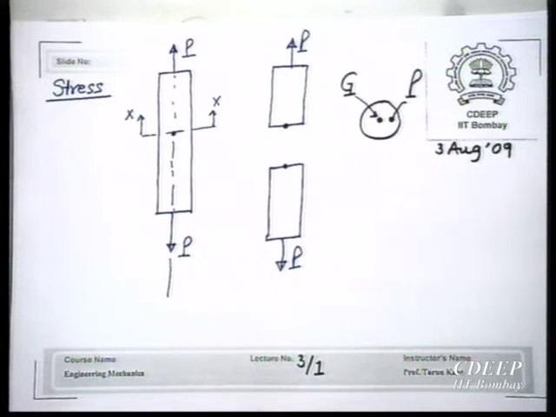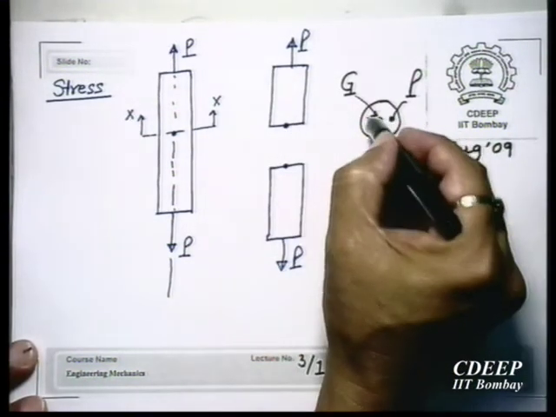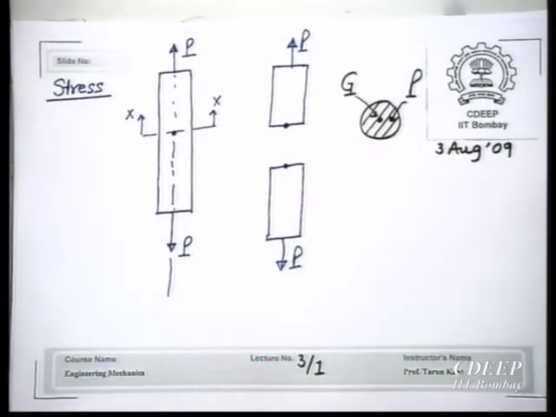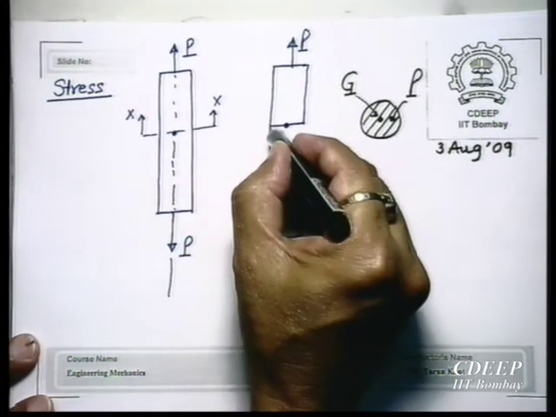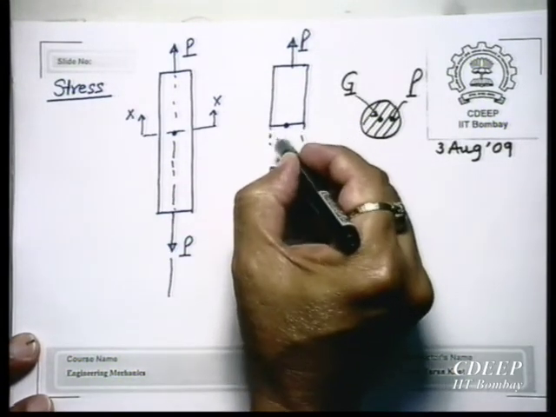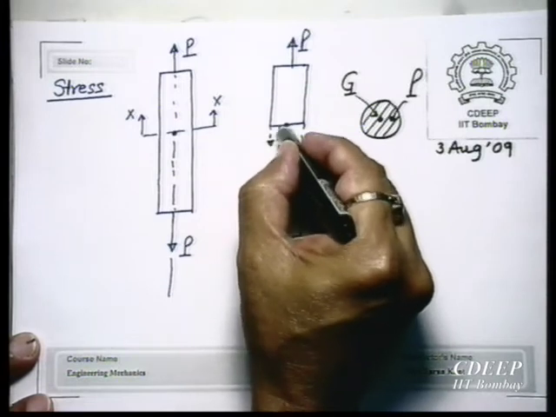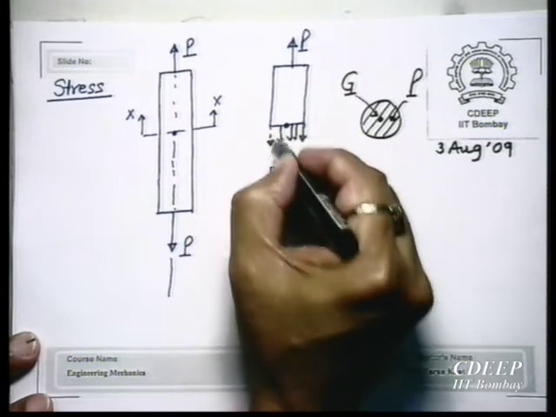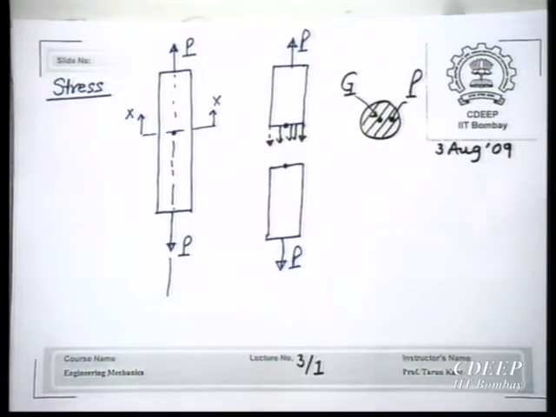So, we have taken a normal cross section, we call it normal cross section because it is perpendicular to the longitudinal axis. At point P, we are now postulating that some kind of distribution will be there. We are assuming that the distribution of force on this cross section is uniform.